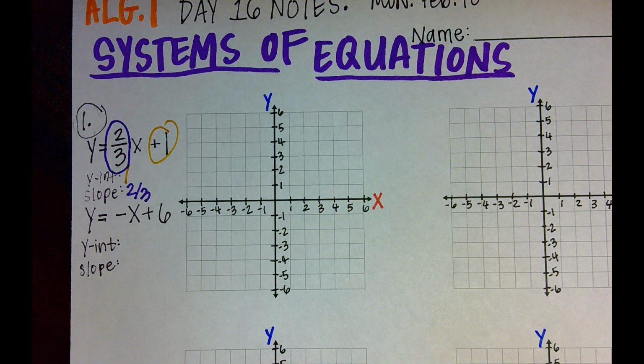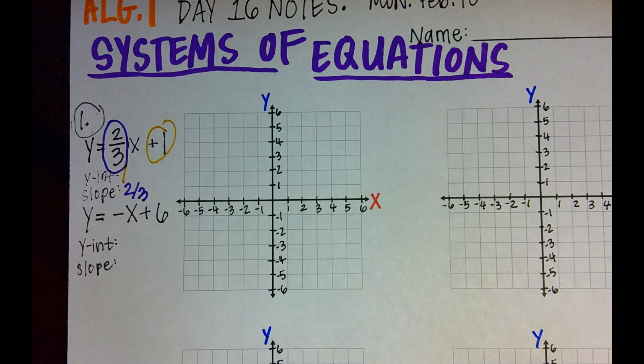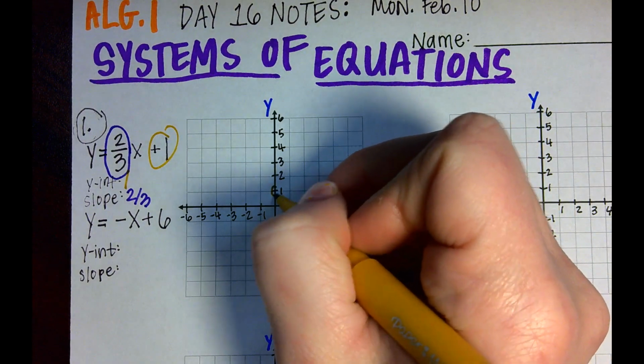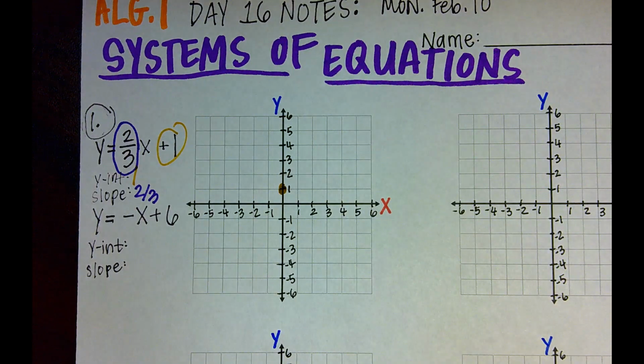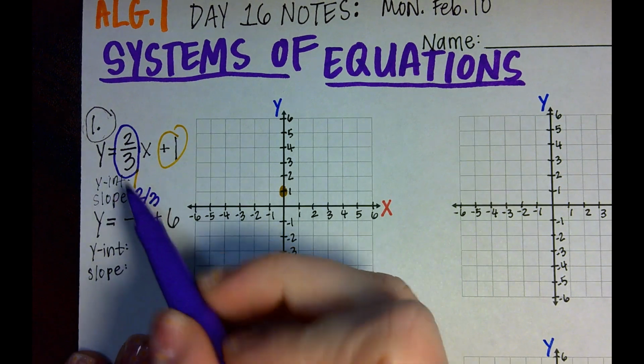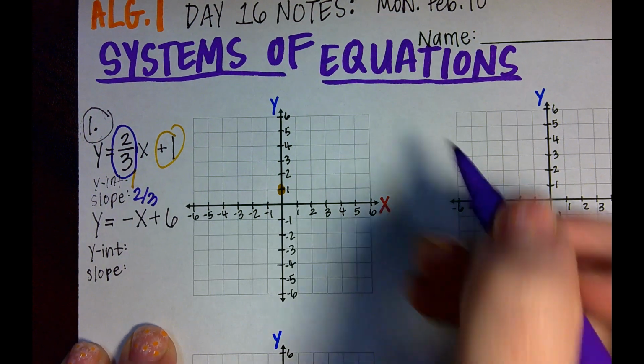So let's graph this line first. If my y-intercept is 1, where should I put my first point? At 1 on the x or the y-axis? On the y-axis. Good. So I'm going to go up 1. And where should I go from there? I'm going to use my slope. Up 2/3.